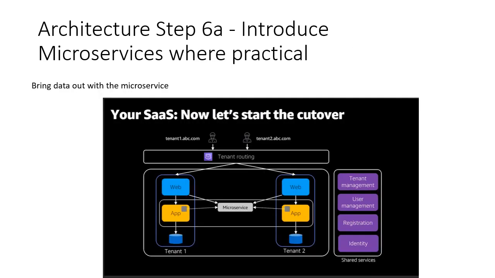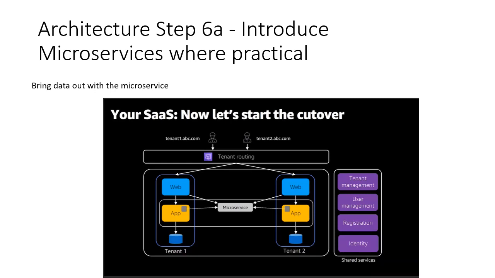So in a typical environment where we're going towards the modern web application, as we go along, we're going to find microservices that are common to many tenants. And the microservice, if you don't know what a microservice is, it's a very small piece of functionality that is in charge of a very small piece of data.